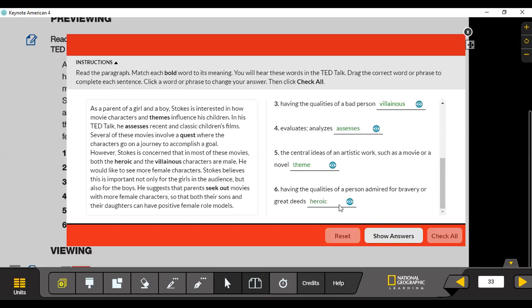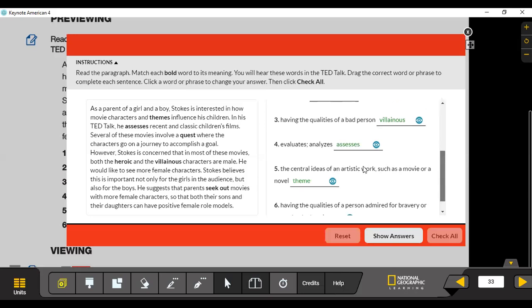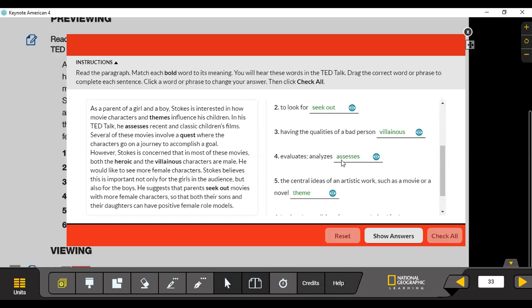What questions do you guys have with this? Number 4, assesses? Assess, like an evaluation. Yes, like an evaluation.